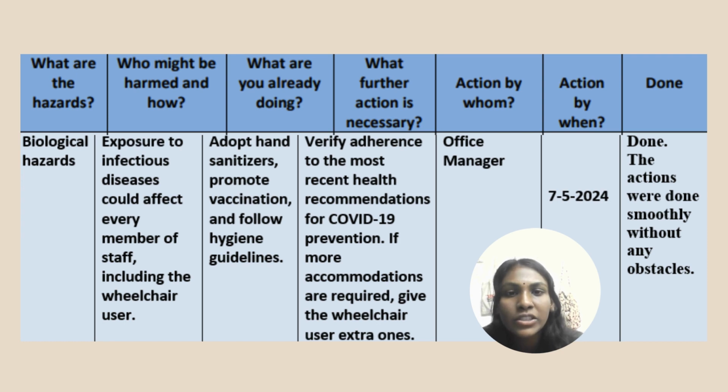So the best action for this biological hazard is to verify adherence to the most recent health recommendations for COVID-19 prevention. If more recommendations are required, give the wheelchair user extra ones.